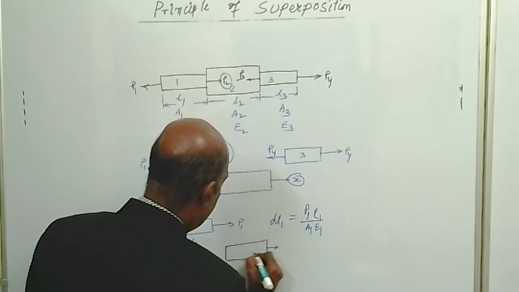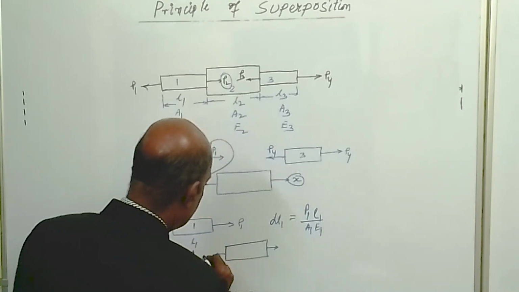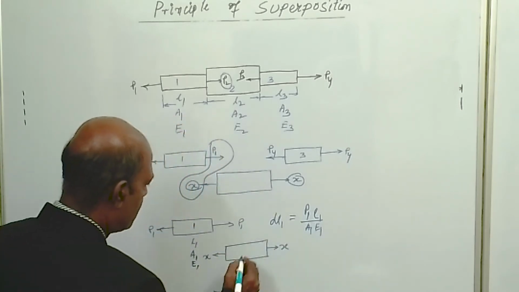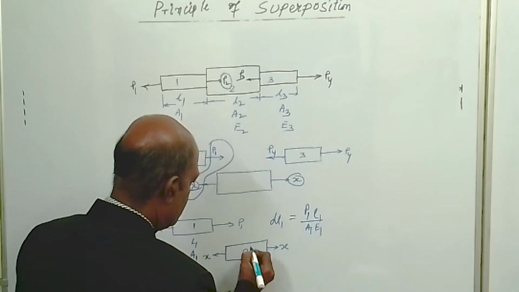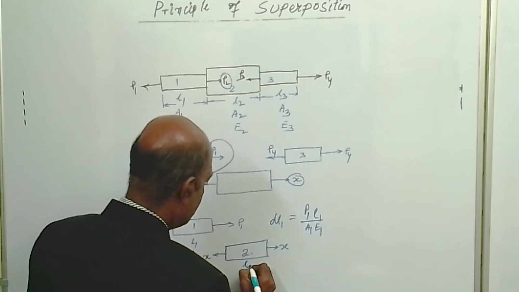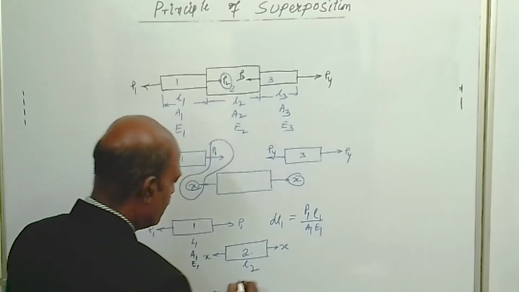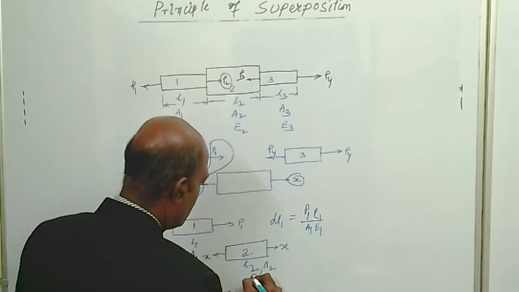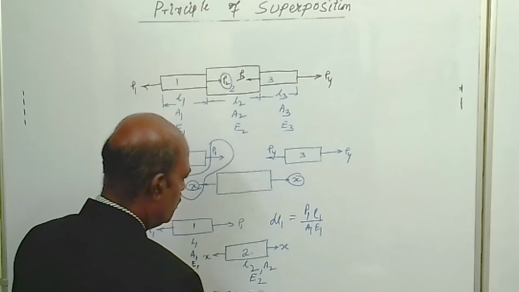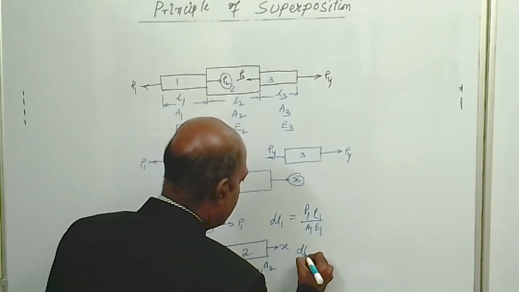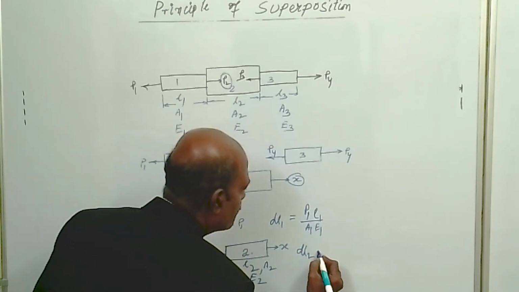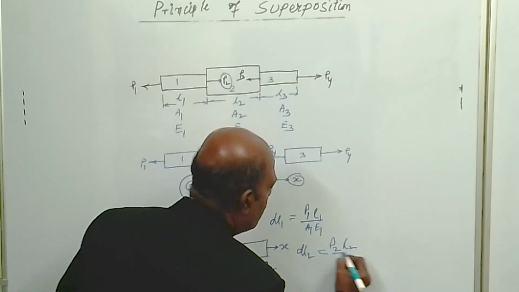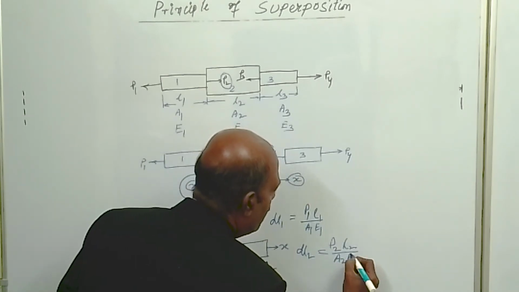The tensile load is acting and the magnitude of the tensile load is x, the length of the member is L2, the area of cross section is A2 and the Young's modulus of elasticity is E2. So we can write dl2 is equal to P2 into L2 by A2 into E2.